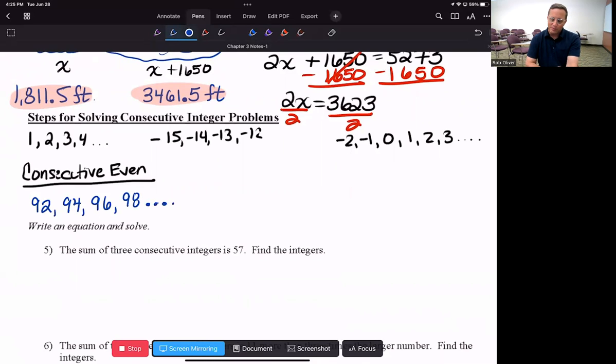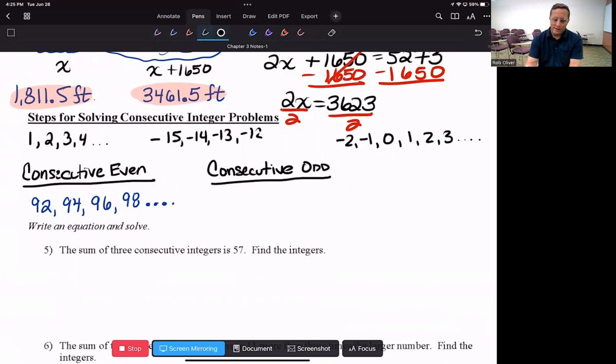And I know I keep stopping after like 4. But consecutive numbers can be just 2 numbers. They can be 3. They can be 15 numbers. Who knows? Usually it doesn't get that obnoxious, but there's just one after another after another. Consecutive odd are just like even, but there's odd numbers.